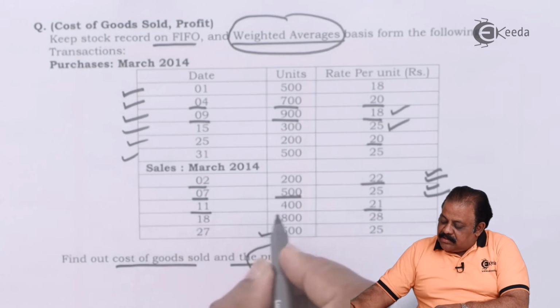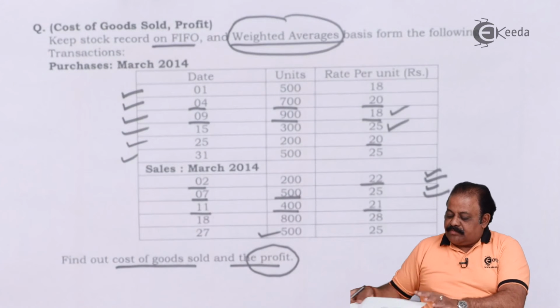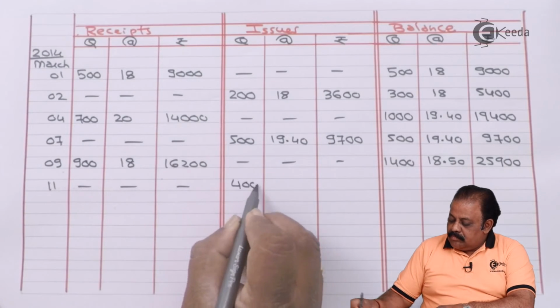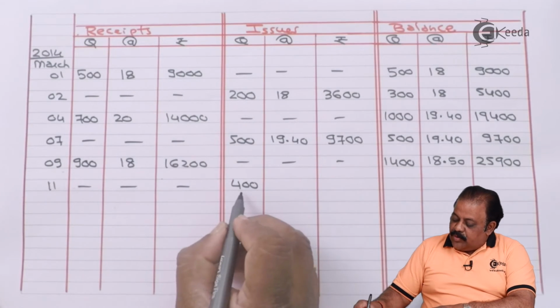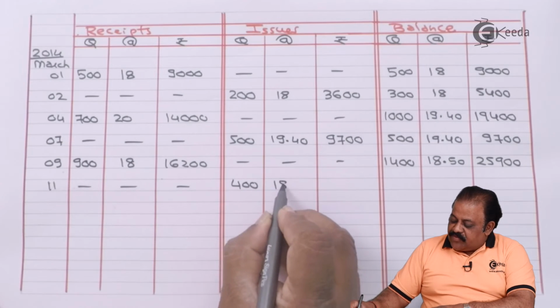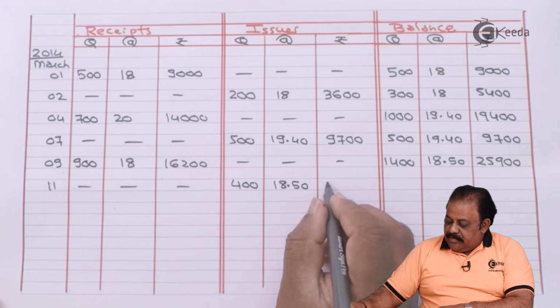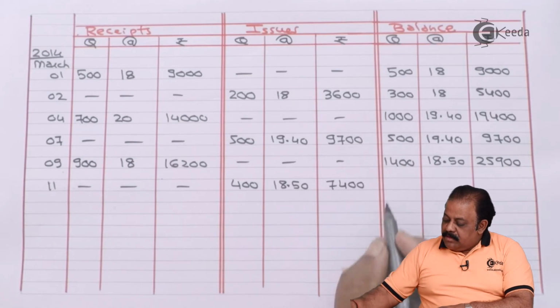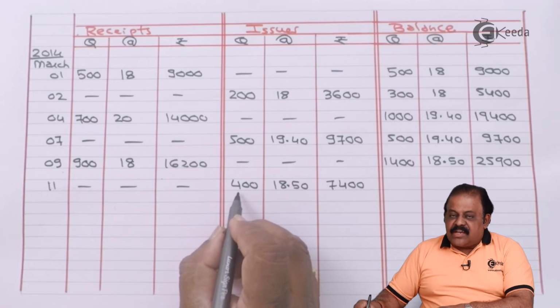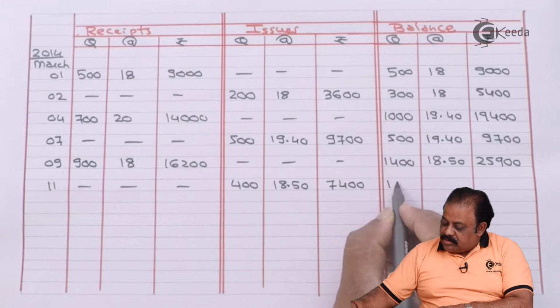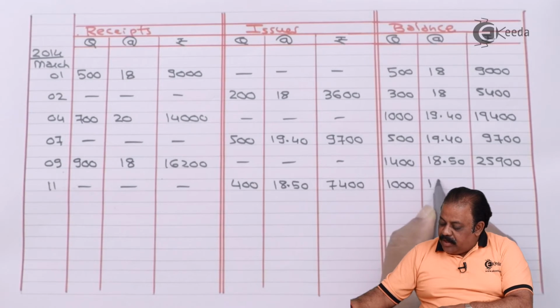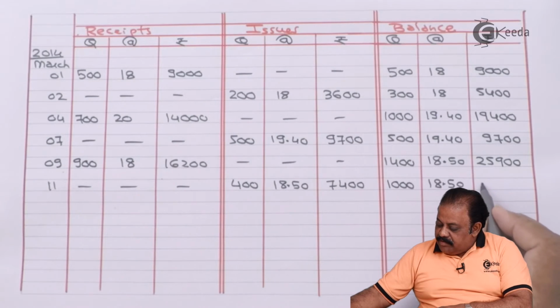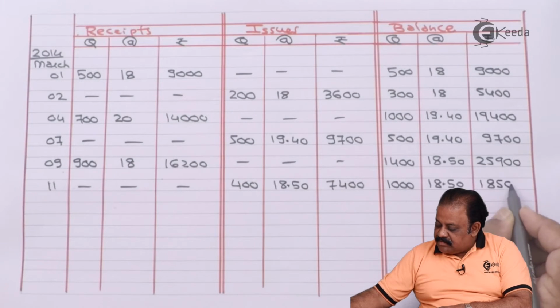On 11th March there is sale of 400 units. Out of 1400, 400 units are sold. Rate 18 rupees 50 paise. 7,400 is the cost of units issued. Out of 1400, 400 units are issued. Balance will be 1000 units. Rate 18.5. So it will be 18,500.